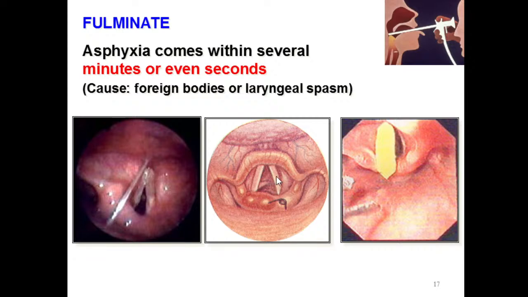And sometimes, especially in patients with, for example, severe damage of the brain, this reflex is absent. It is damage in the nerve supply of the epiglottis, and the epiglottis loses the possibility of movement.